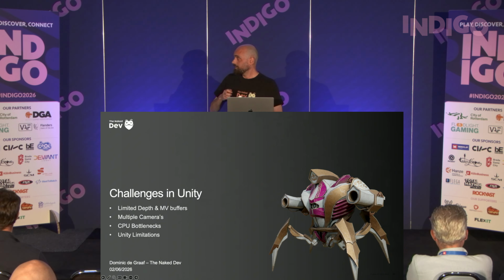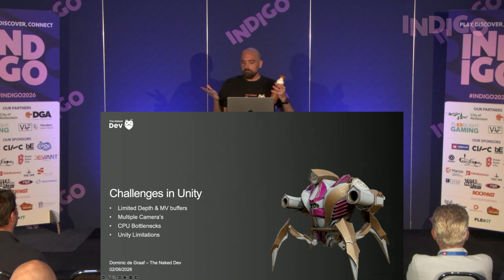And lastly, one of the biggest challenges in Unity is that Unity wasn't built to integrate upscalers in the first place. It took us many, many months to actually be able to prove that integrating an upscaler into Unity would work.